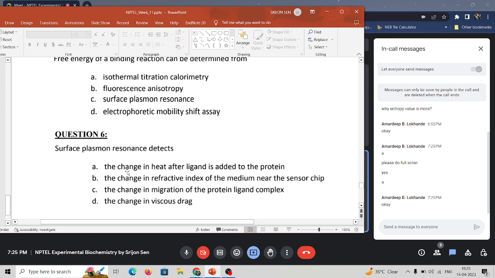Now what does SPR detect? SPR, surface plasmon resonance, detects change in heat after ligand is added, or the change in the refractive index of the medium, or the change in the migration of the protein ligand complex, or the change in the viscous drag.